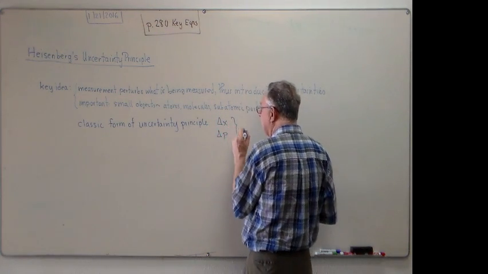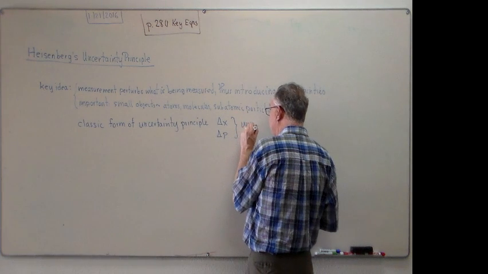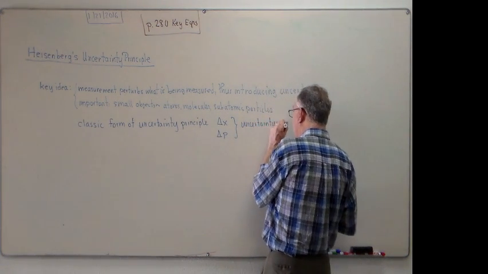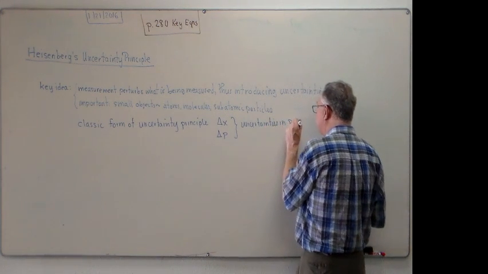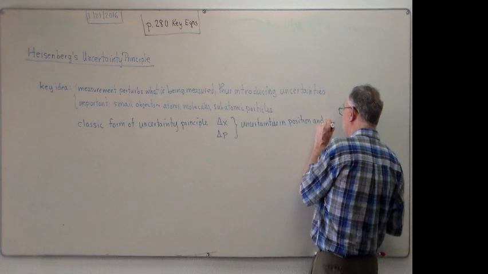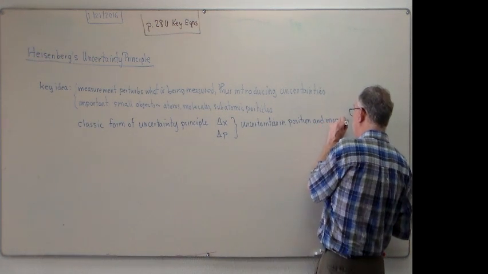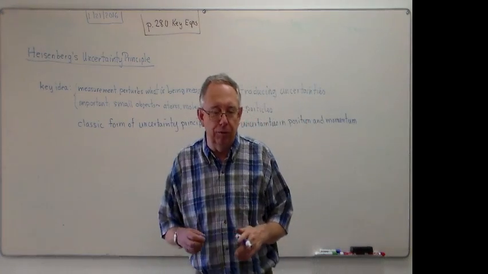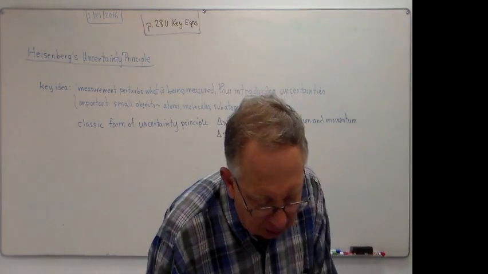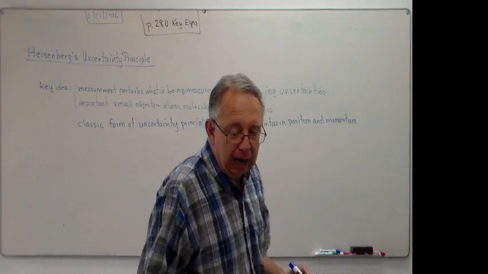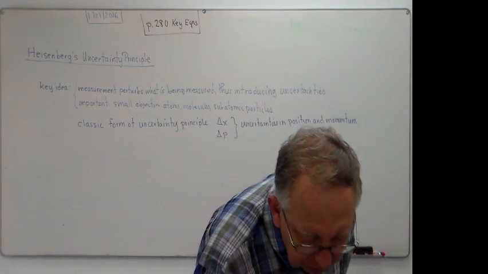So these are the uncertainties in position and momentum. And we just, without proof or explanation, want to write down what's going on. Let me check our book's notation.